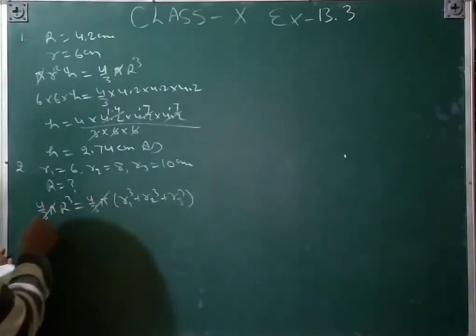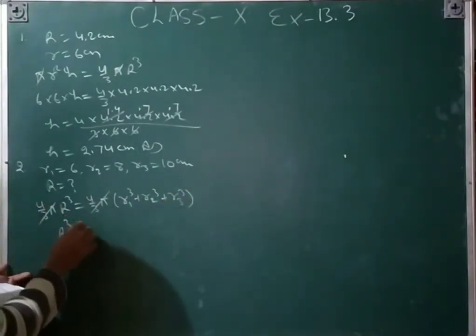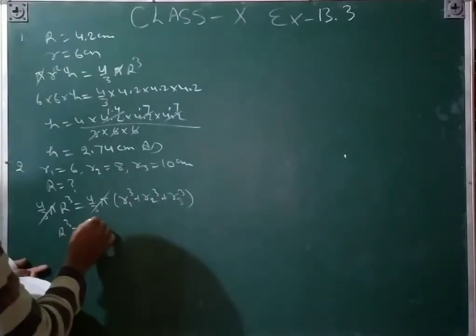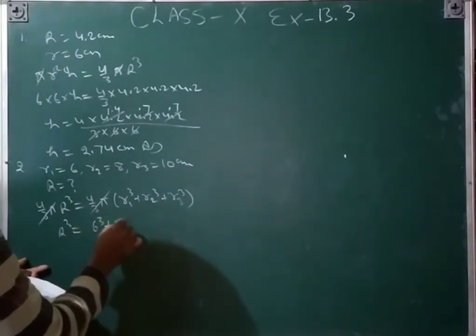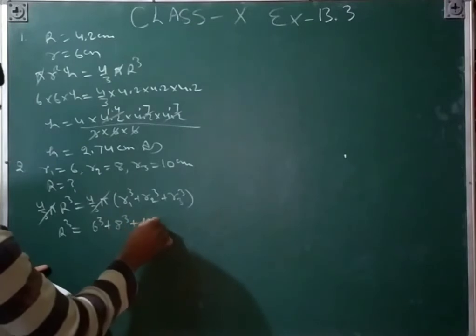So 4 upon 3 pi cancels. So r cube is equal to 6 cube plus 8 cube plus 10 cube.